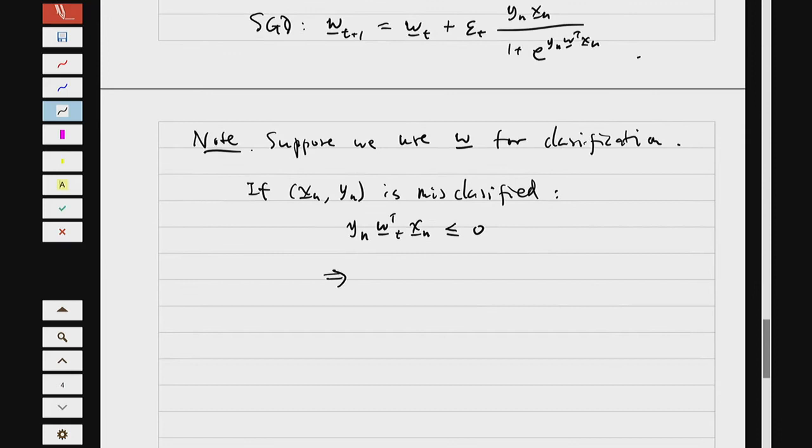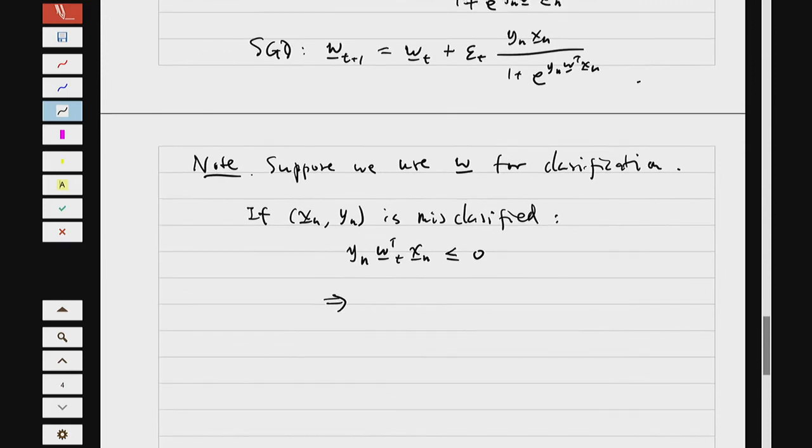If this is smaller than 0, then in the SGD formula we have e to this product, which is e to something negative, so it's small.